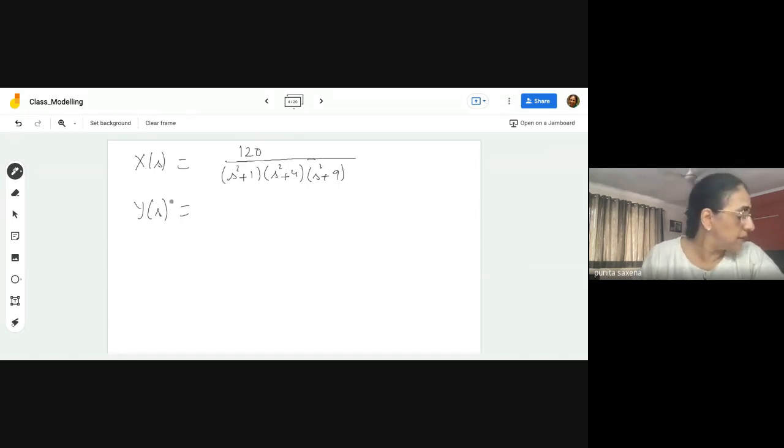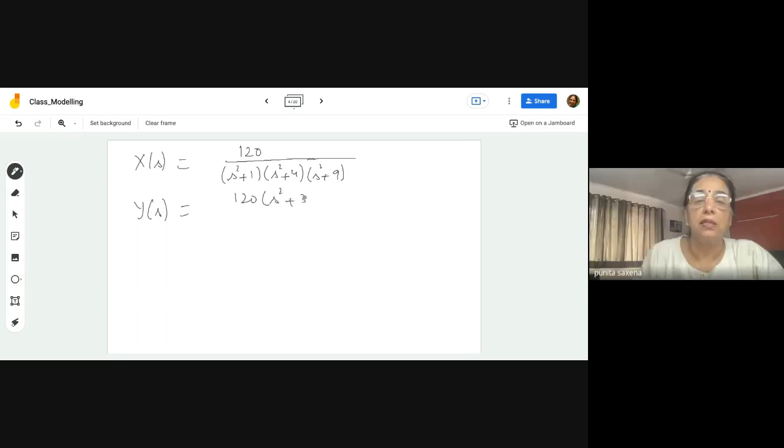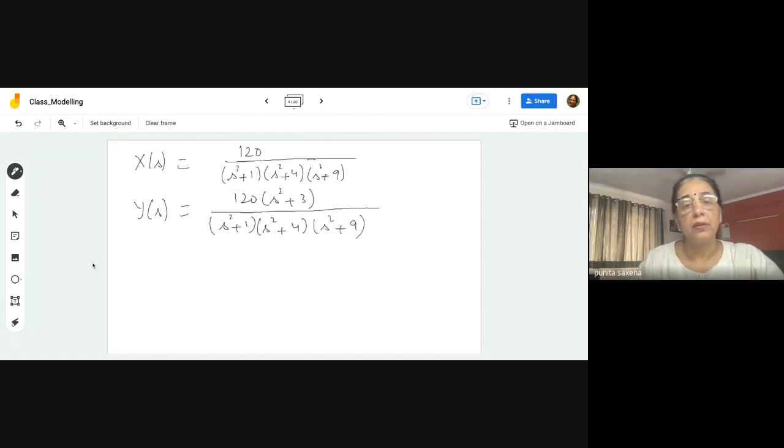And Ys is this whole expression of Xs into s square plus 3, that's right. So this is basically this upon s square plus 1 into s square plus 4 into s square plus 9. Okay, now we have to solve them back.